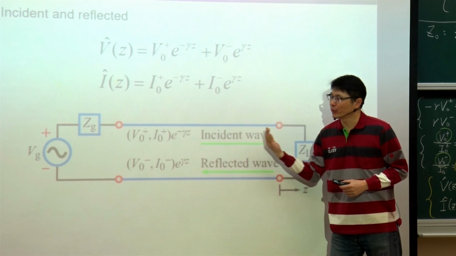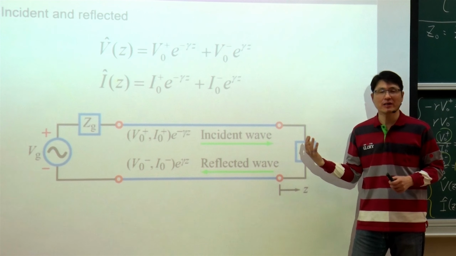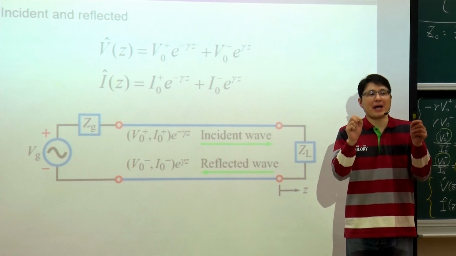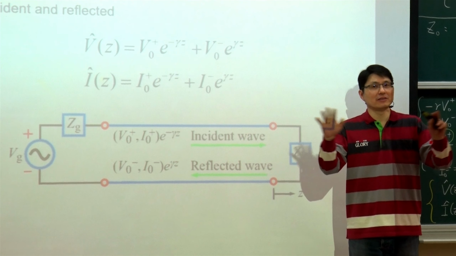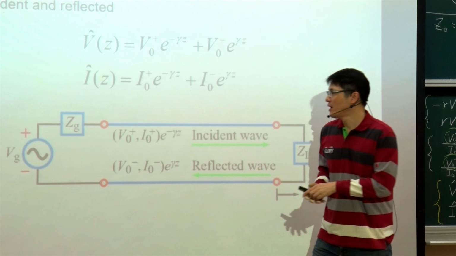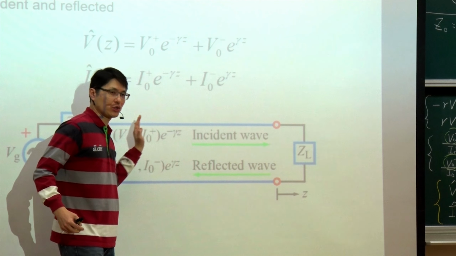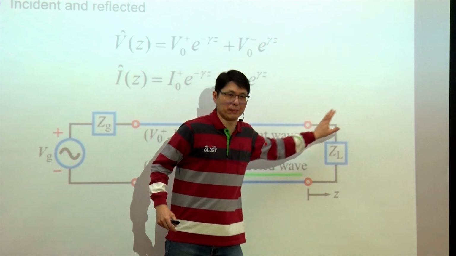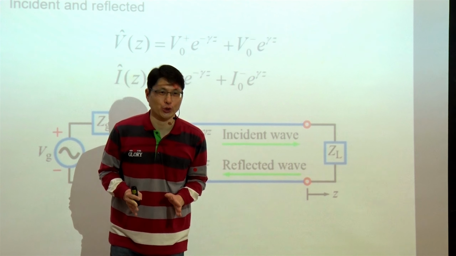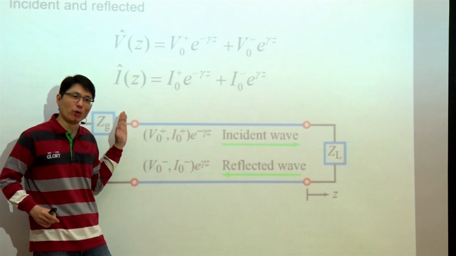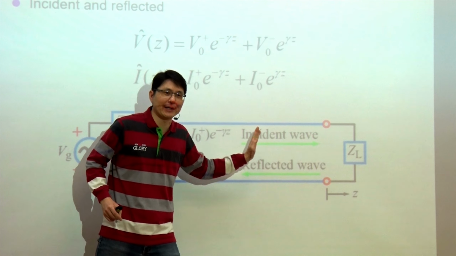Think of the delivery of energy on the transmission line as me trying to teach knowledge to you. The best situation of the student a teacher could ever dream of: I send in knowledge, I teach you knowledge, and you completely absorb the things I teach. In that case, the transmission line has only a forward propagating wave.